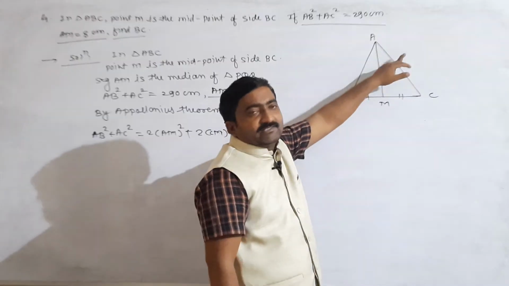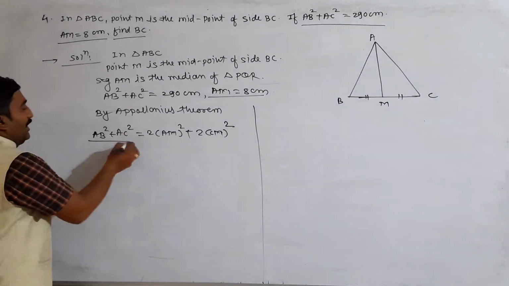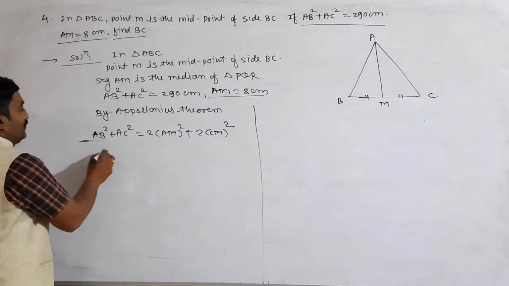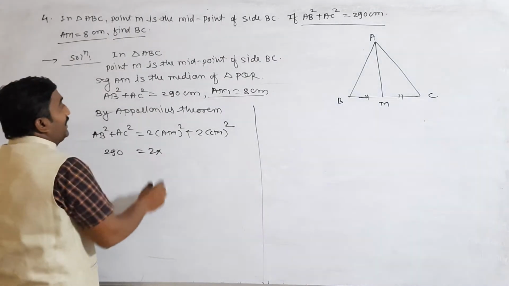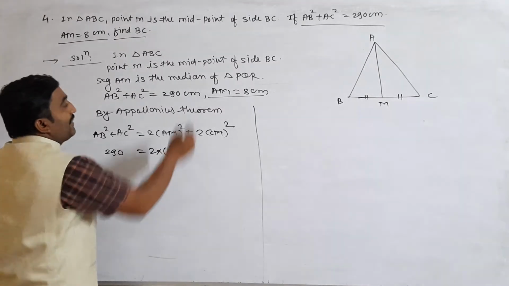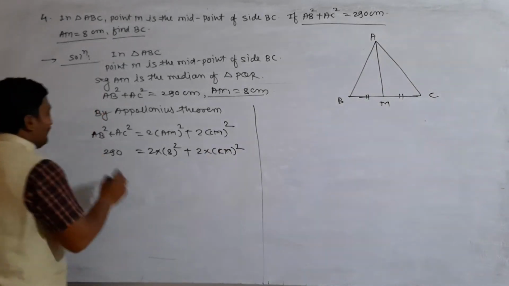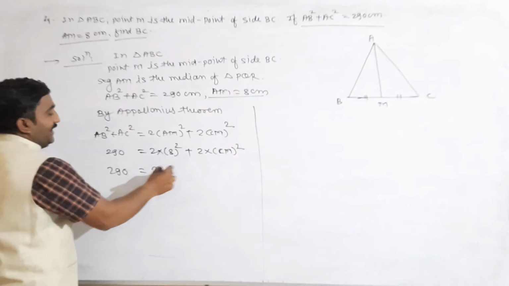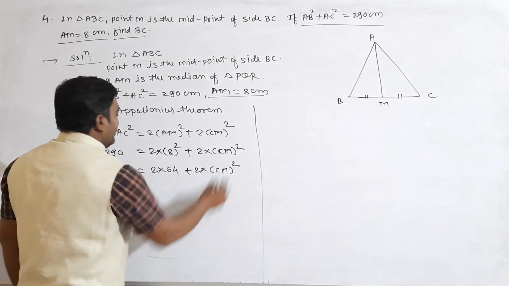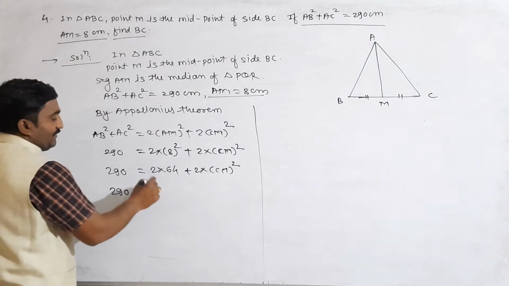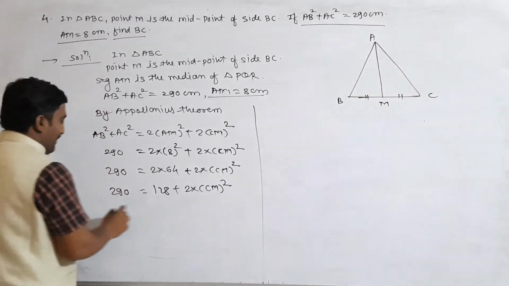What is the value of AB square plus AC square? 290. So 290 is equal to 2 into AM square, that is 8 square, plus 2 into CM square. 290 is equal to 2 into 64 plus 2 into CM square. 290 is equal to 128 plus 2 into CM square.